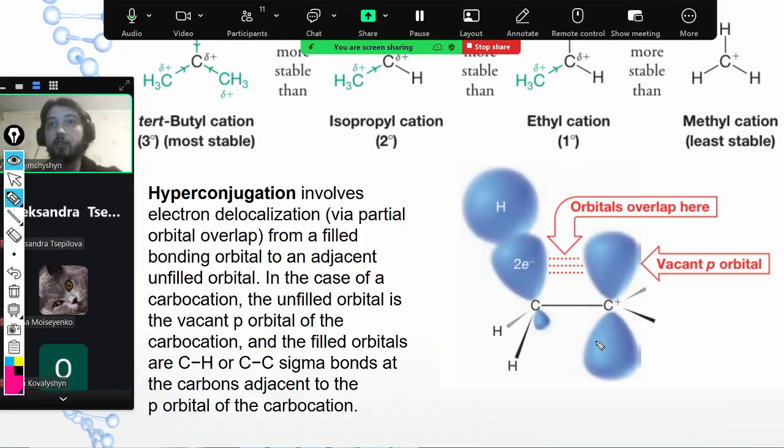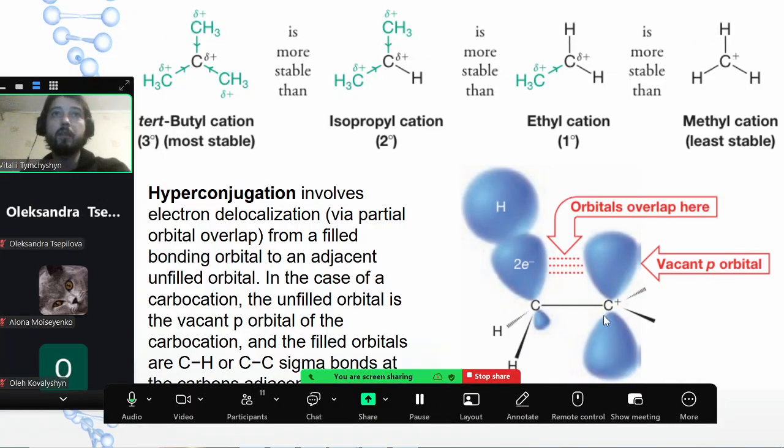And this vacant orbital can interact with electrons from other p orbitals that are filled, for example, of this carbon atom. The more such carbon atoms nearby you have, the more you can alleviate the problem of the overwhelming positive charge on this carbon atom. Here are examples. This is tert-butyl cation, so it is most stable.